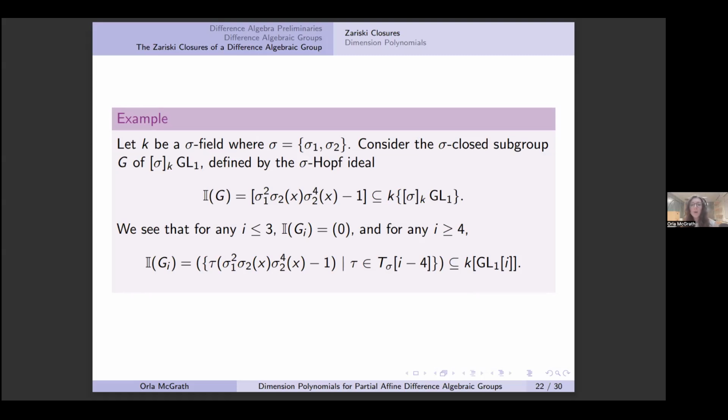But after that, we get not just our polynomial that we started with, but every allowed shift of it, as big as we can get while looking at that polynomial ring of indeterminates just up to a certain order. And so these would be the defining ideals for some closed subgroups of these products of GL1.